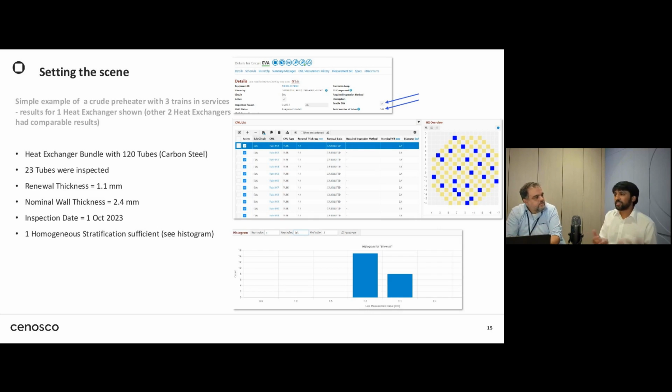No, usually what sites tend to do is a full 100% inspection as a baseline, and following that, a representative sample, 20-25%, is usually chosen, and an assessment is made. For future inspections, another 25% is typically chosen, and your remnant life and next inspection dates are identified. But in this case, like I said, there were constraints with times and resources, so 100% inspection was not really ideal for all parties.